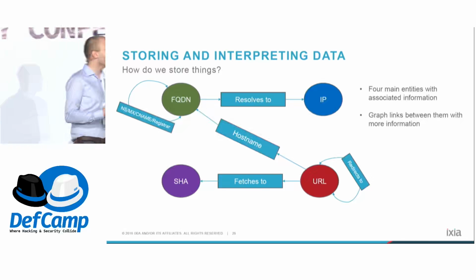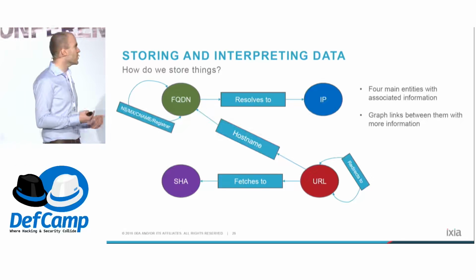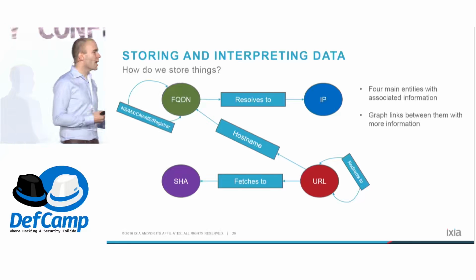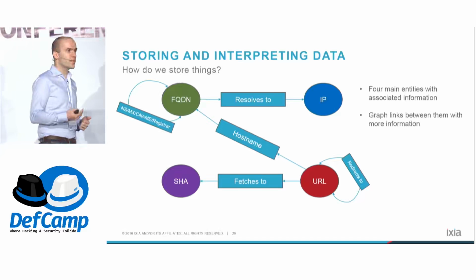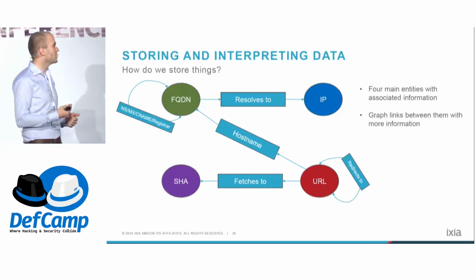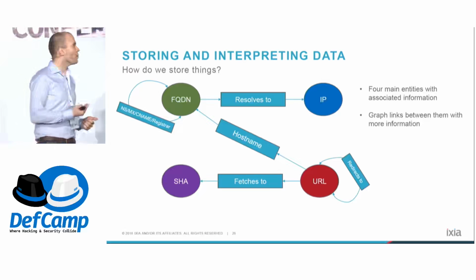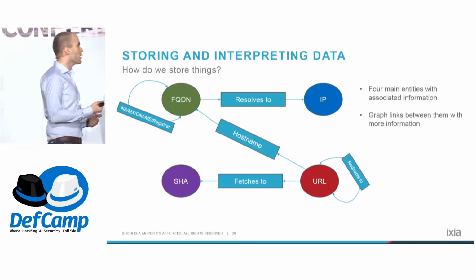Of course, there are many more entities and relationships in the database, but to get a picture of how the graph works, we have four main entities: domains, IPs, SHAs, and URLs, and we have different relationships between them. For example, a domain resolves to an IP, right?